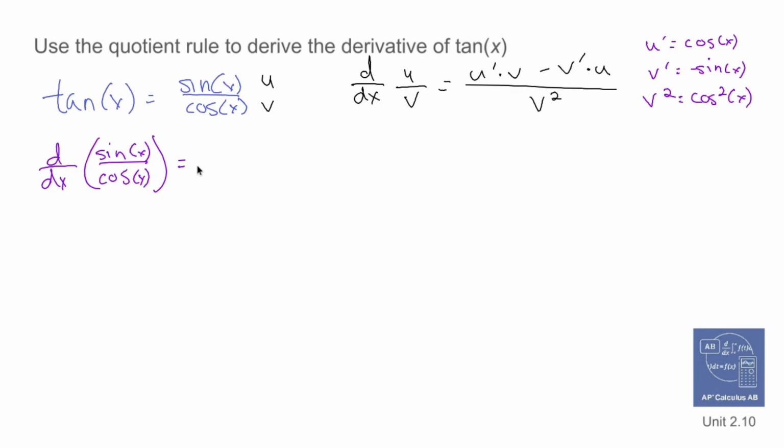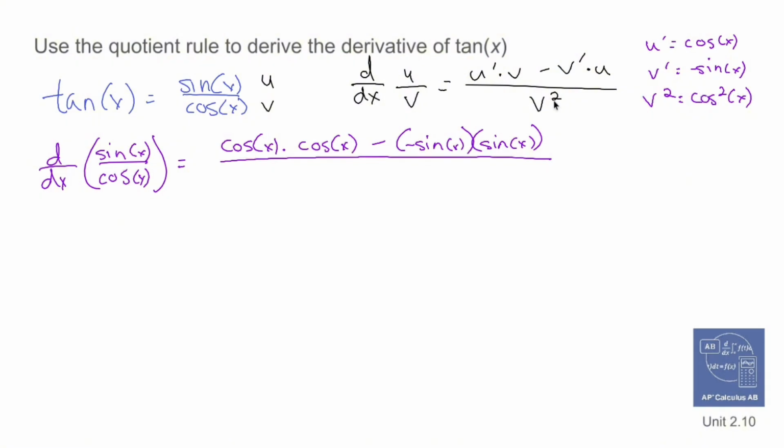Now that we have that, let's plug it all in. U prime is cos x, so cos x times v, which is cos x again, so cos squared, minus v prime, which is negative sine x, so there's a double negative right there, very interesting, times u, which is sine x, all over v squared, which is cos squared x.